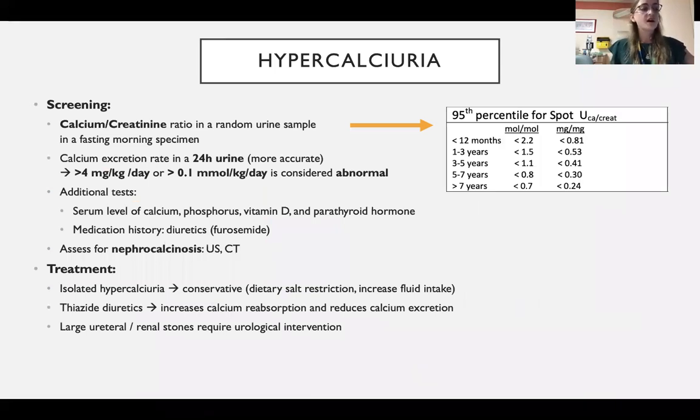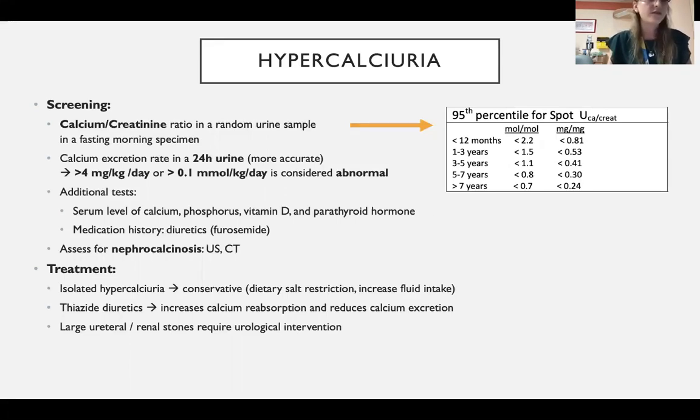For the screening for hypercalciuria, the first step is to get a calcium creatinine ratio in random urine. Normal values are usually age dependent and are shown here in the table on the right. When the calcium creatinine ratio is elevated, the test should be repeated, and if persistent, a 24-hour urine for calcium excretion should be requested to confirm the diagnosis.